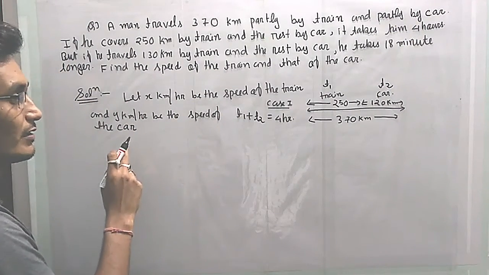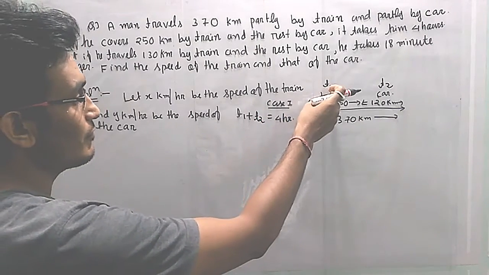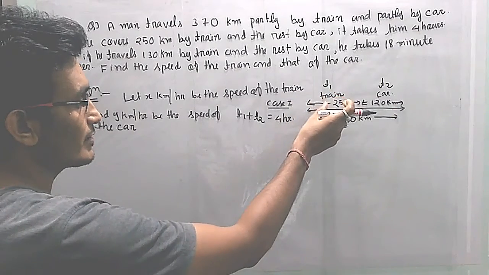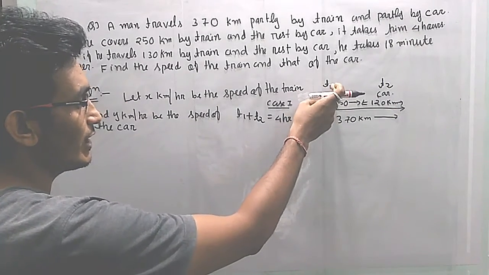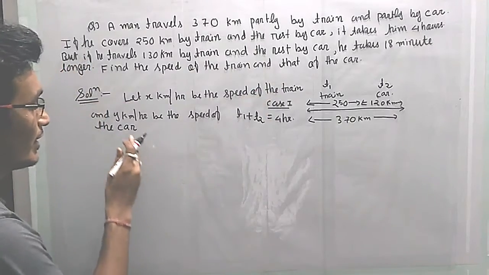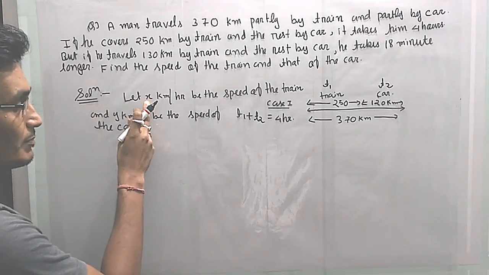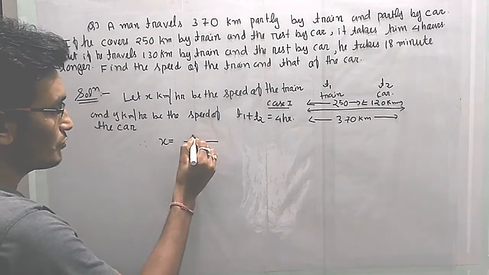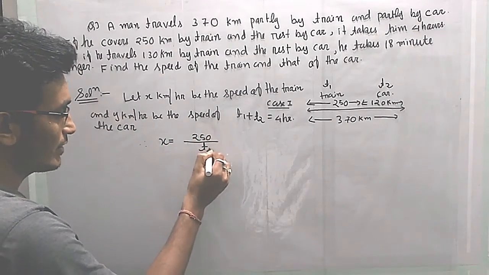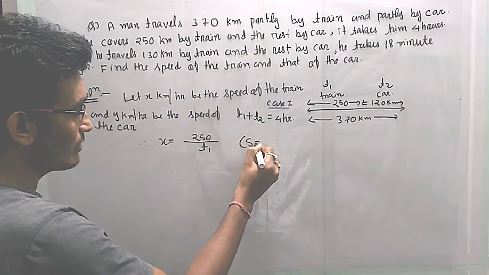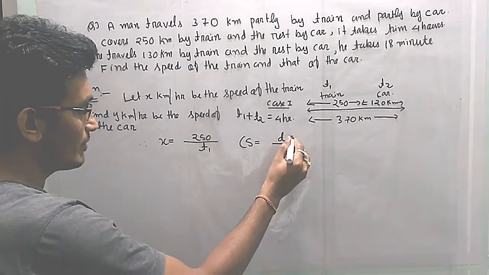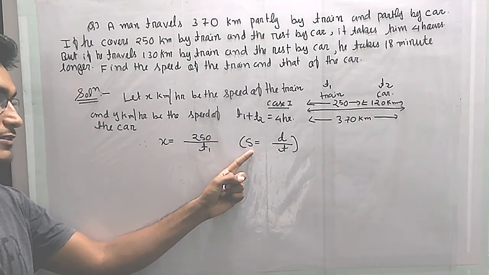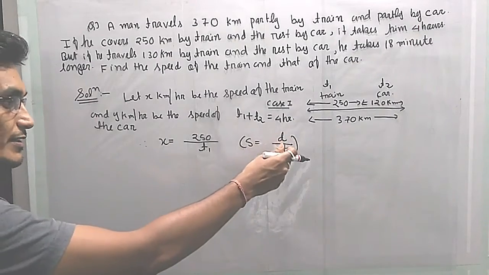Now we have already discussed, if T1 is the time taken by the train to travel 250 km, that means the distance traveled by the train in T1 hours is 250 km and the speed of the train is x km per hour. So x equals 250 divided by T1, because we know speed equals distance divided by time.